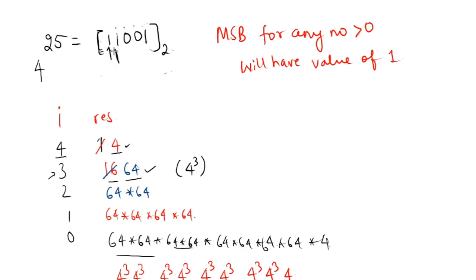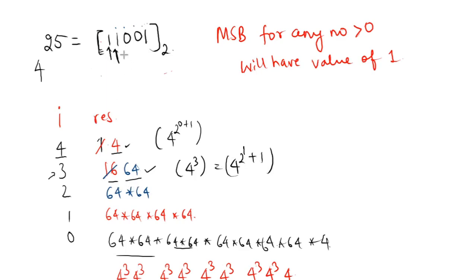So these two bits have been updated. Now here basically it is 4 raised to 2 power 0 plus 1, and here it is basically 4 raised to 2 power 1 plus 1.